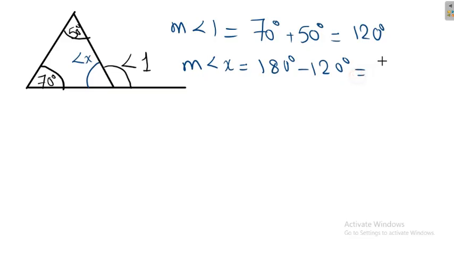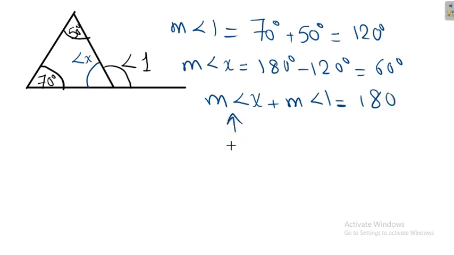So the measure of angle x is 60. And the measure of angle x plus the measure of angle 1 is 180. Angle x is 60, so the measure of angle 1 will be 120. Okay, it's simple now. Now try another one.